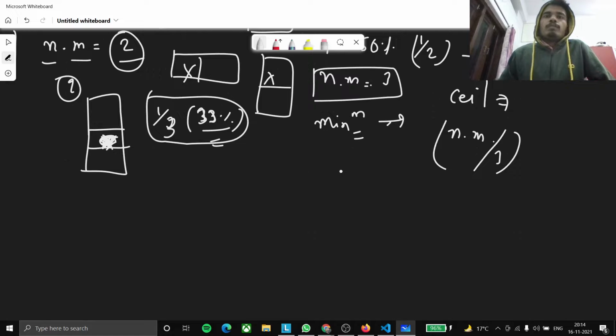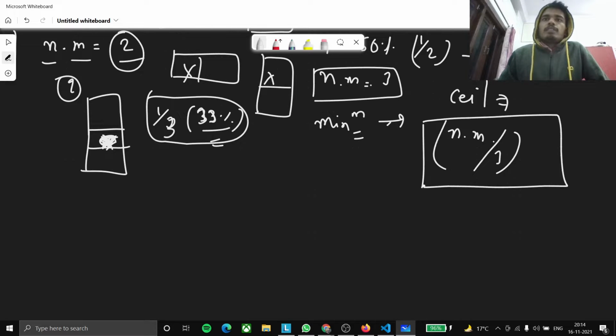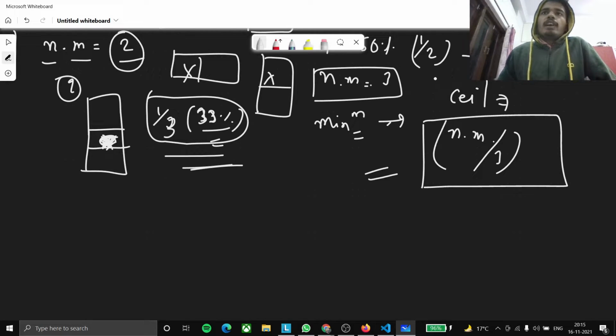So we can paint only one. So what we have to do here is calculate this. And how to calculate this? Basically we are minimizing this, because if we don't minimize this, then it's not going to be an optimal solution.